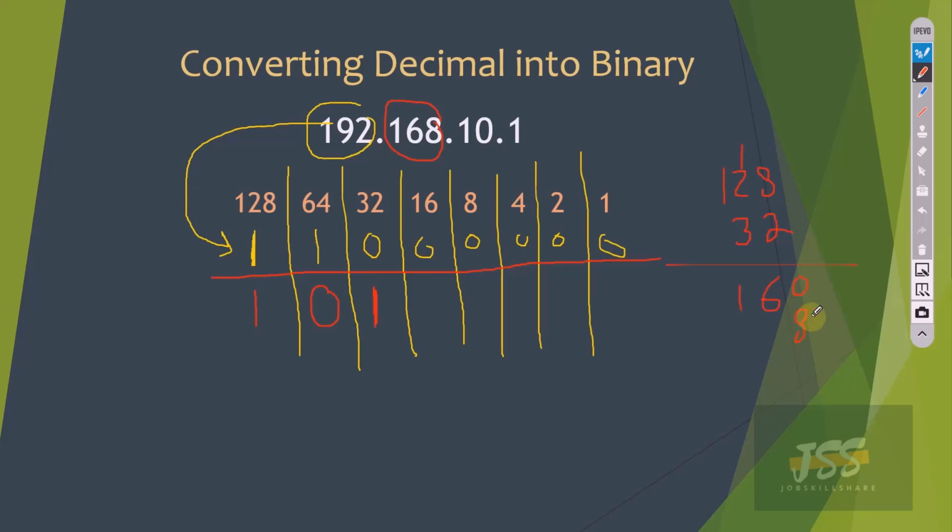We need 8 more. So this will be 0, this will be 1, this will be 0, 0 and 0. Just by turning on 128, 32 and 8, we made 168.